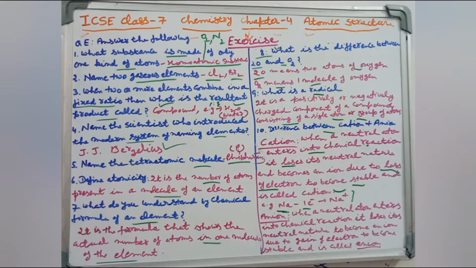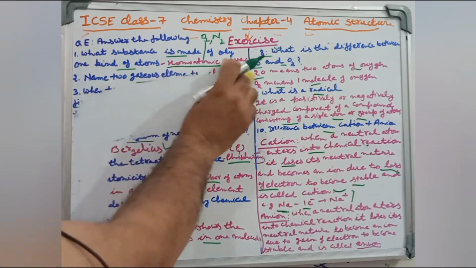In the same way, when a neutral atom enters a chemical reaction and gains an electron to become stable, it is called an anion. Right? What would be an example of an anion?